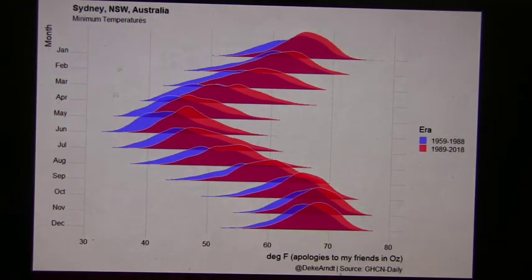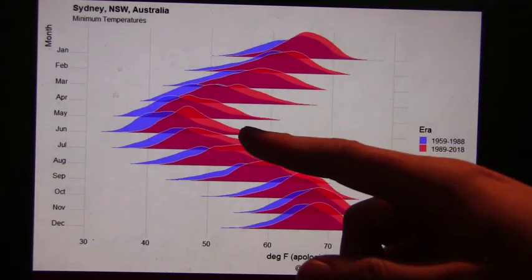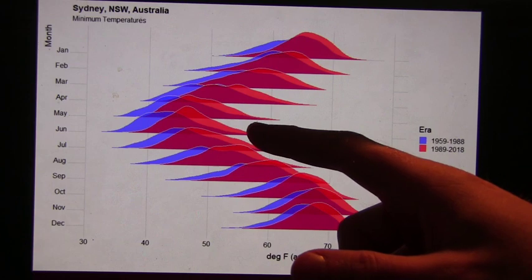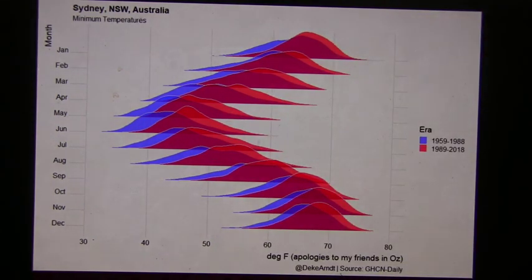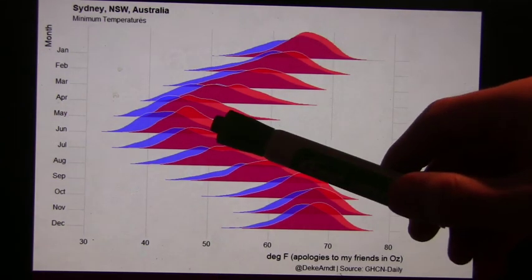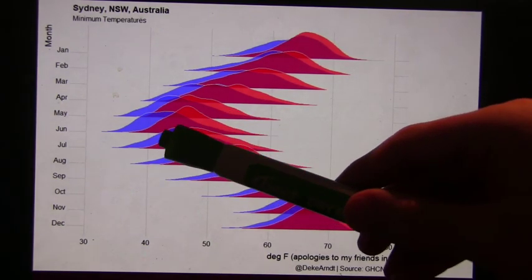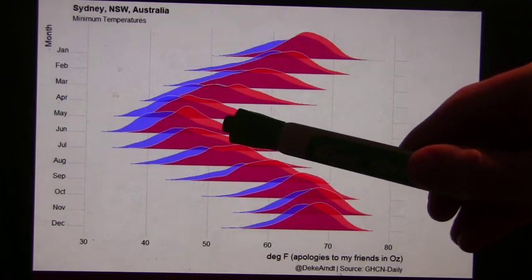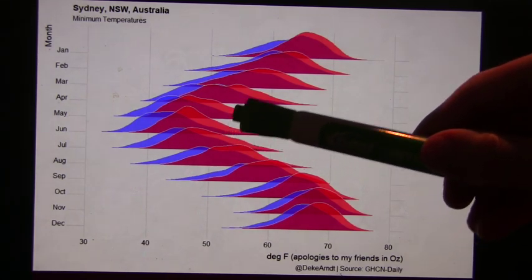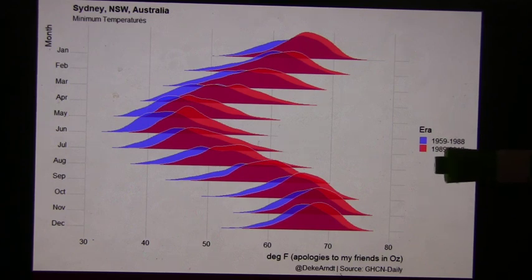Okay. Yeah. So the way I would kind of want to interpret this, let's pick this one that's in the middle, June, and let's look at the red one. The red one looks like it's fairly symmetric, and that red graph here for June represents the minimum temperature every day in June from 1989 to 2018.